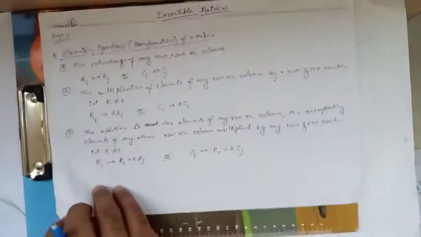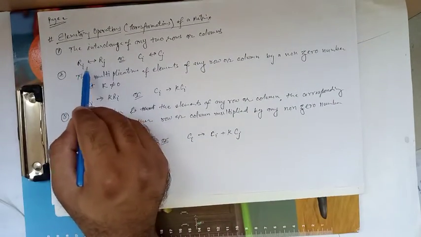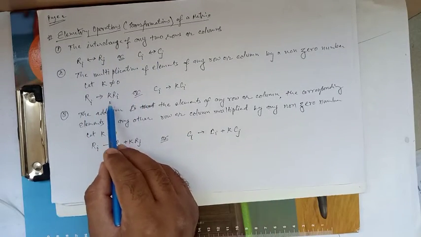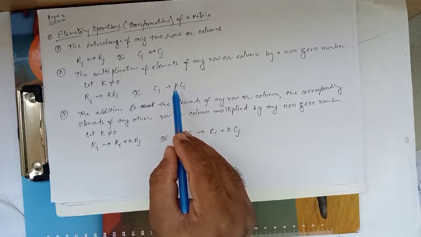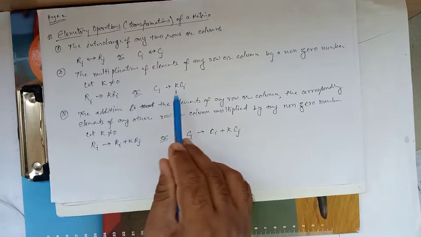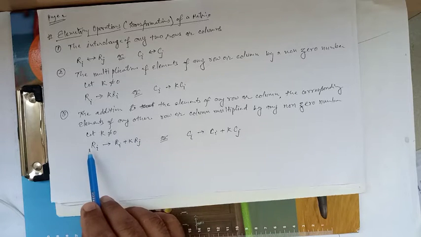It is a similar kind of thing. We have seen these properties, interchanging rows and columns like in determinants, and multiplying any row or column by a scalar k.